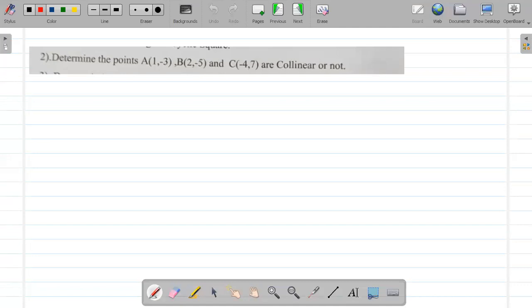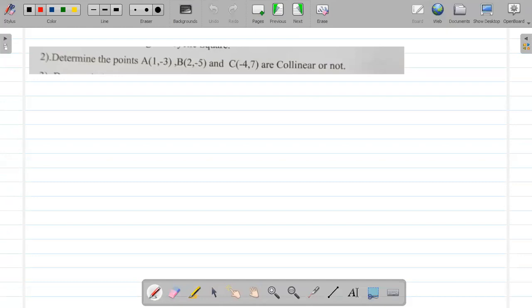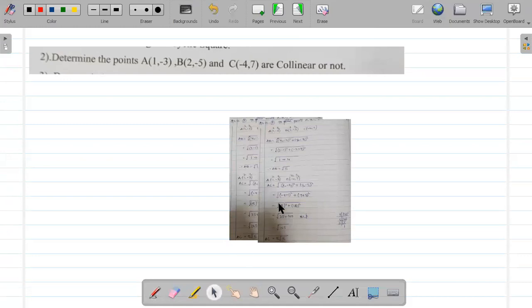Otherwise, the points are not collinear. Okay, that's the idea. So we start with finding any one side first.